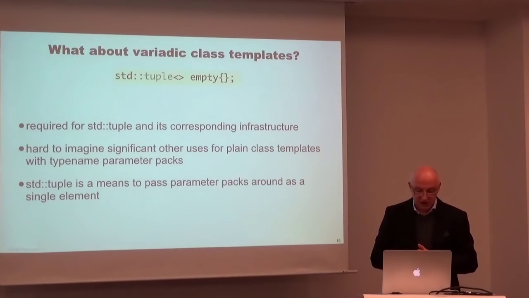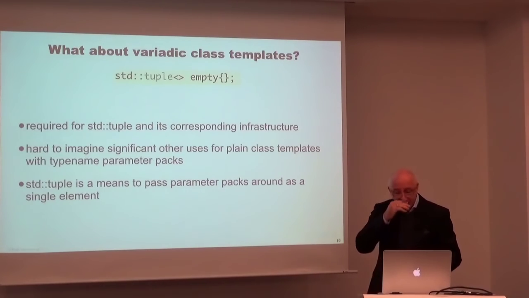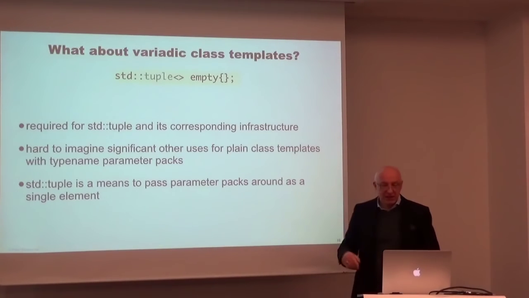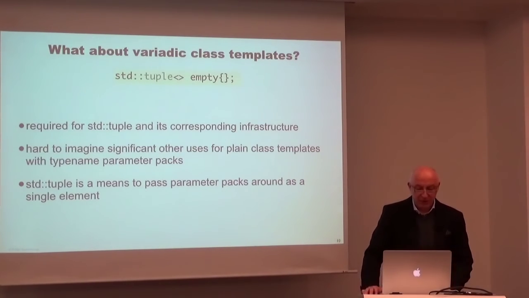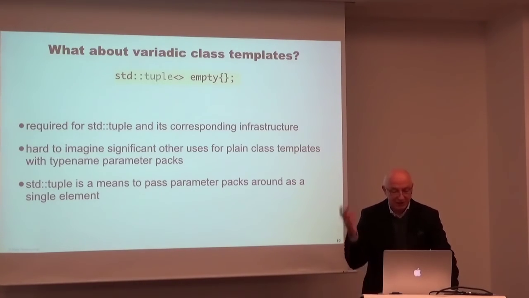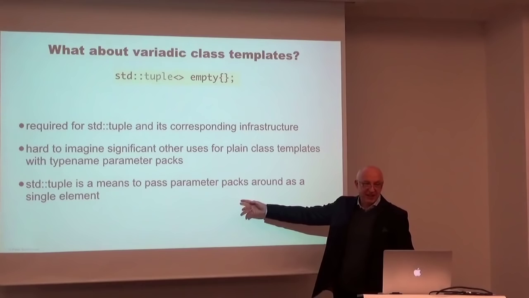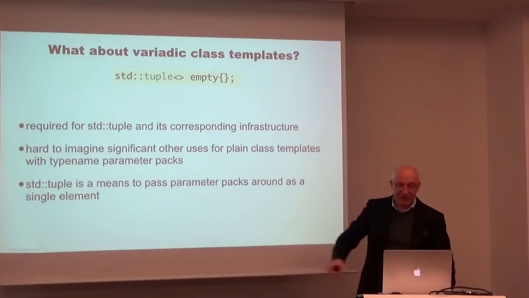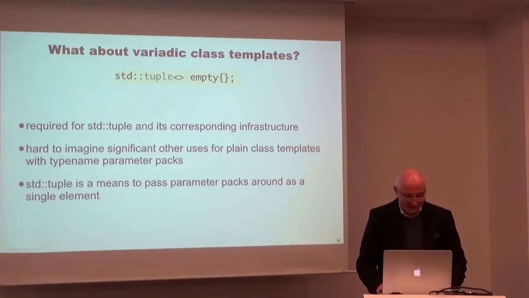For me, it's very hard to imagine use cases for class templates with typename parameter packs that are not tuples or are not for metaprogramming. If you have a good example, please send me an email, because I always look for good examples to motivate that, because not everybody is actually implementing tuple. To do it well requires a lot of jumping through hoops to make it compile fast and stuff like that.